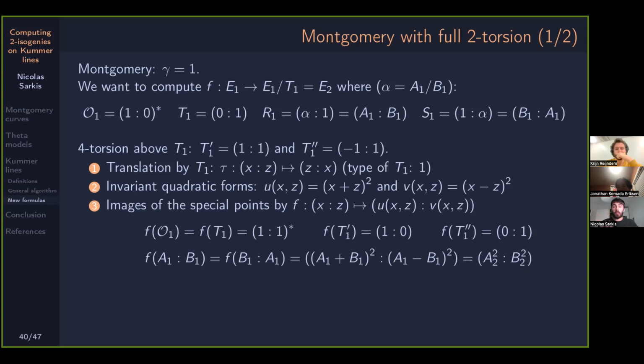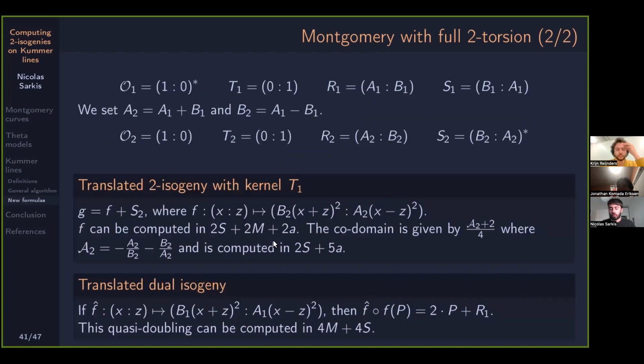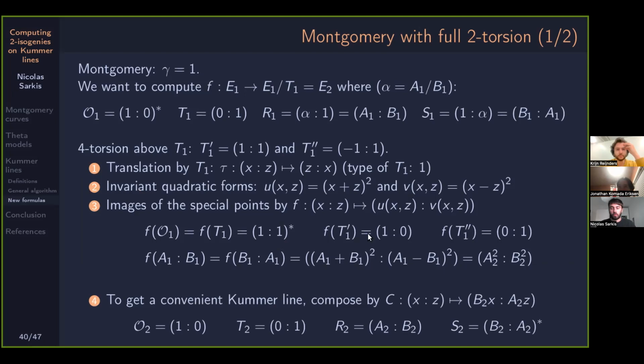So you have 4 torsion points as expected, but you don't have a Montgomery shaped curve like in the O1, T1, R1, and S1. So to go back to a more convenient form, you only multiply the x coordinate by B2 and the z coordinate by A2. And if you do that on the 4 two torsion points, you'll get a Montgomery shaped Kummer line.